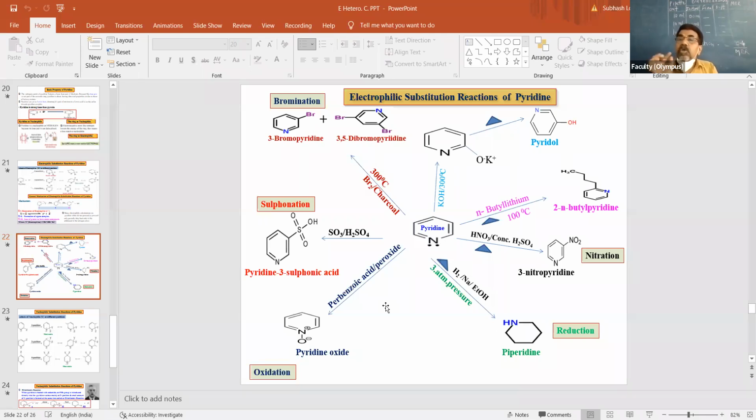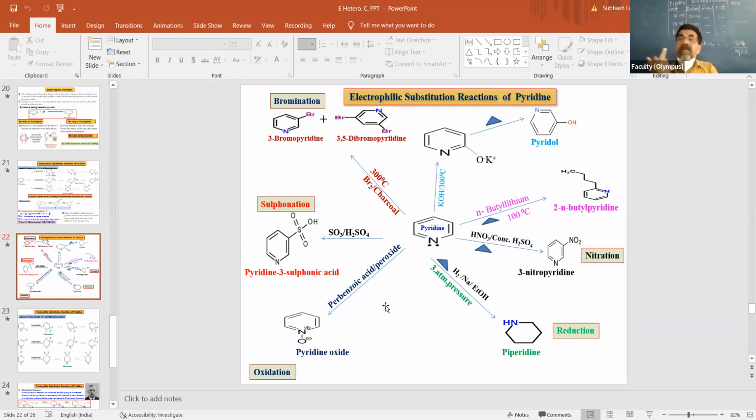But in pyridine, the 2 position is electron deficient, so the nucleophile, the negatively charged butyl, CH3CH2CH2CH2, attaches, and you get 2-butylpyridine, not 2-lithiopyridine. This type of confusing MCQ will definitely be asked in the examination. So remember: 6-membered, 2-butyl; 5-membered, 2-lithio.